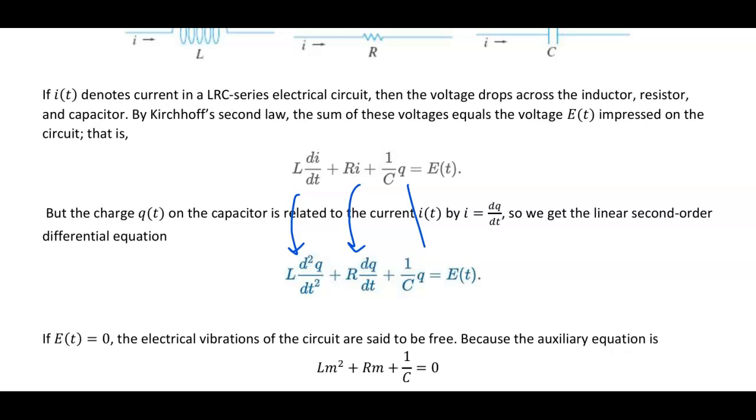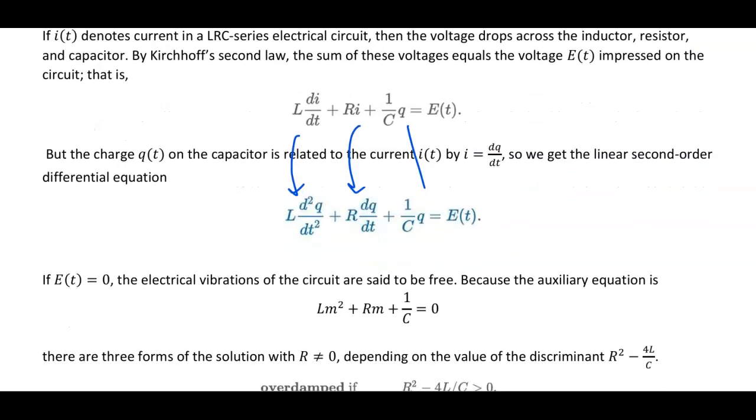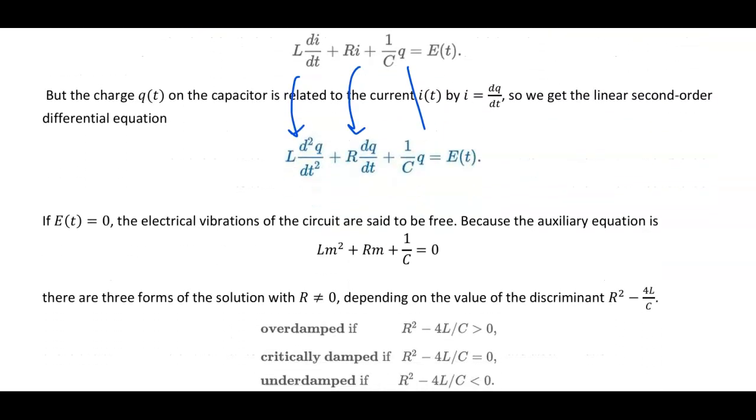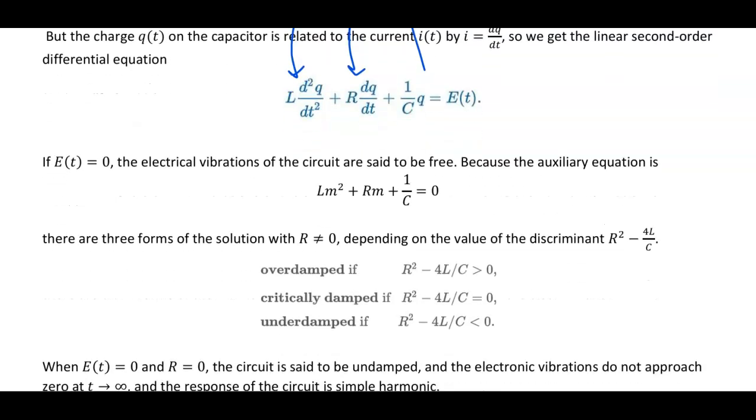All right, let's go ahead and look at what this means. So what this means then is you have the auxiliary equation, Lm squared plus Rm plus 1 over C. And if you think about the discriminant of that, b squared minus 4ac, if that's positive, you get two real solutions, okay?